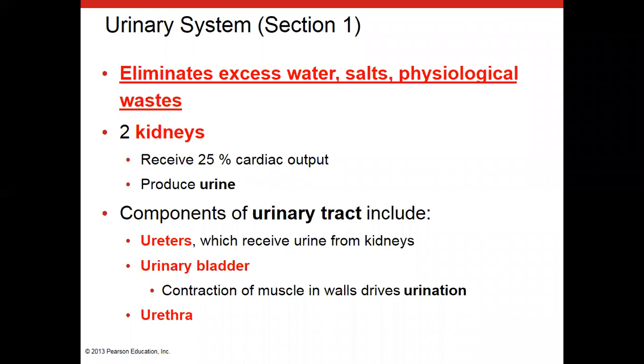Urine is mostly water with a bunch of solutes that you no longer need in your body, and those solutes, along with that water, get excreted. When urine is produced in the kidney, it gets transported by way of the ureters to the urinary bladder and eventually gets excreted by way of the urethra.